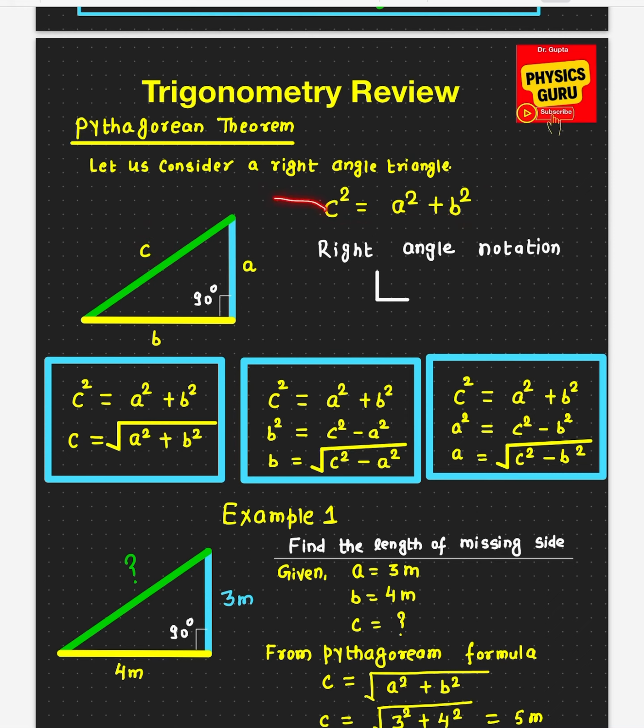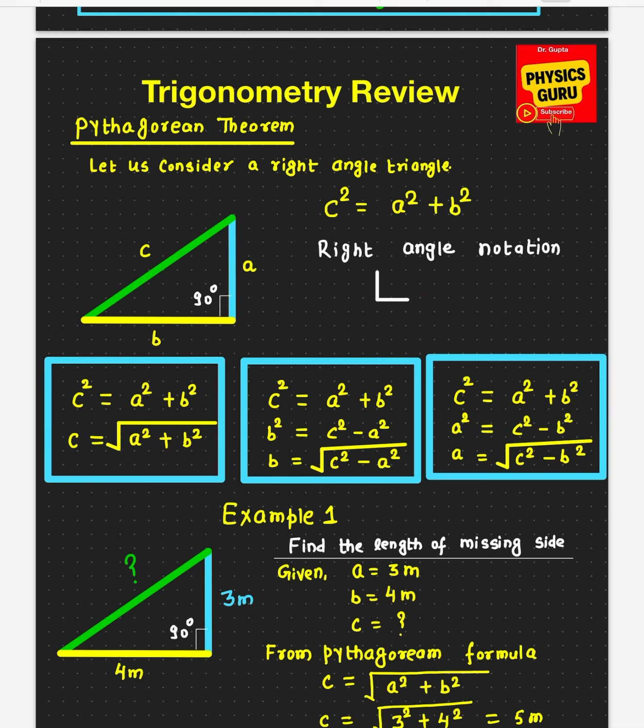That is, the square of the hypotenuse is equal to the square of the opposite plus the square of the base or the adjacent. You can also write C square as B square plus A square. It doesn't matter which way you write.